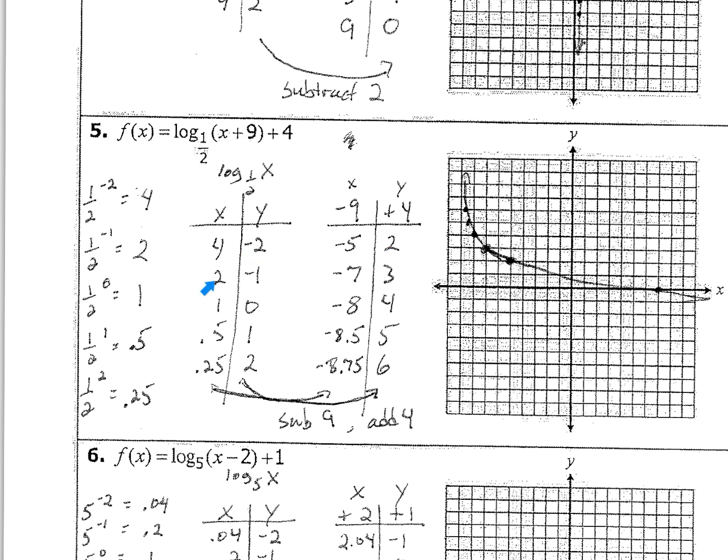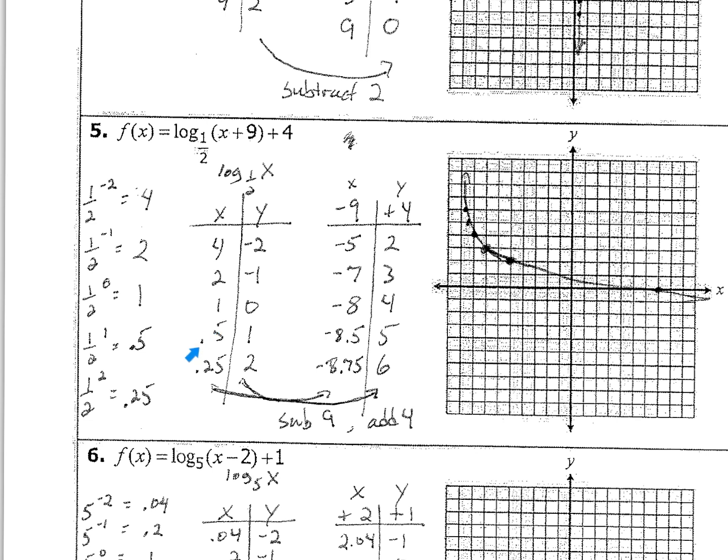And then we go to the next point. We have an x at 2, but we're going to subtract 9. 2 minus 9 is -7. -1 plus 4 on the y value, we add 4 to the -1, we get 3. The next point is 1, 0. But when we shift to the left 9, 1 minus 9 is -8, and then 0 plus 4 is 4.